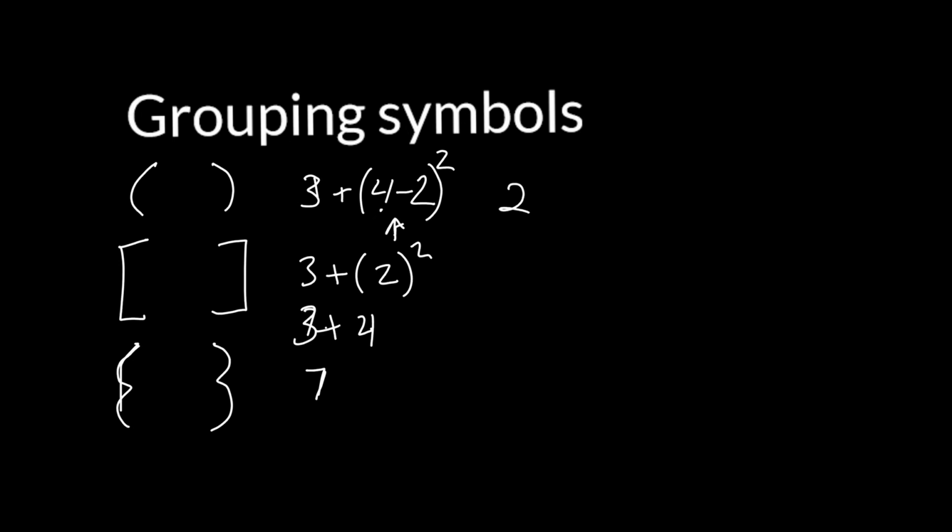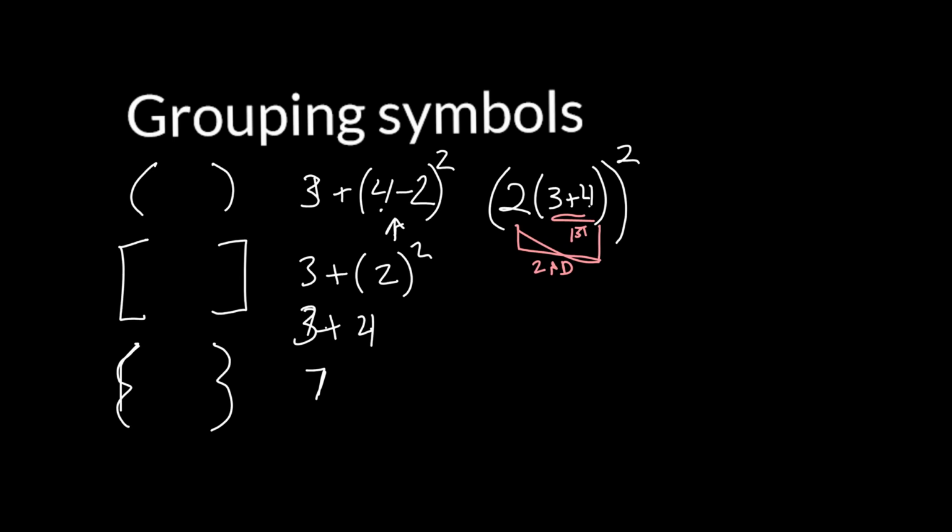So you might have parentheses, 3 plus 4, parentheses all around that, and then square it or something. So you do the innermost parentheses first. You take care of this first, and then you take care of that second.